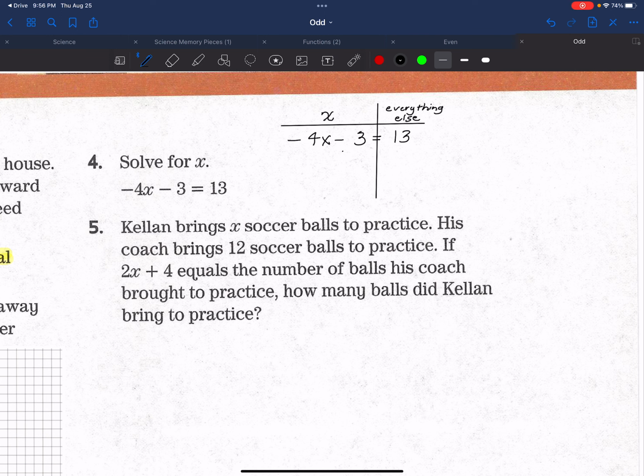So first I'm going to move that 3. Let's do a plus 3 to both sides and cancel. So I'm left with negative 4x equals 16. And then I'll divide by negative 4, because remember, all we want is the x, and that will be negative 4. So the solution to this equation is x is negative 4.